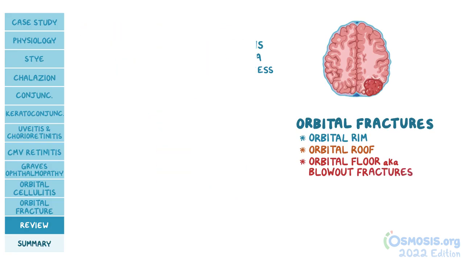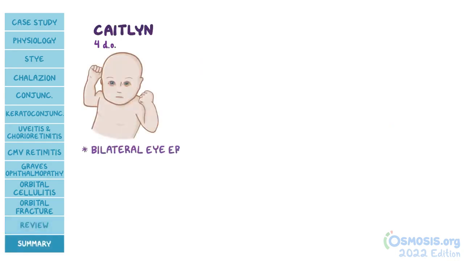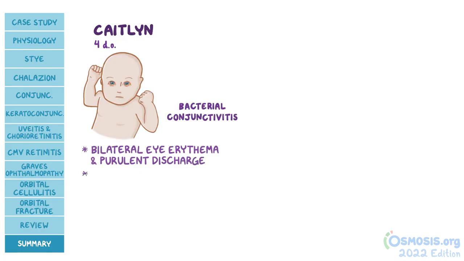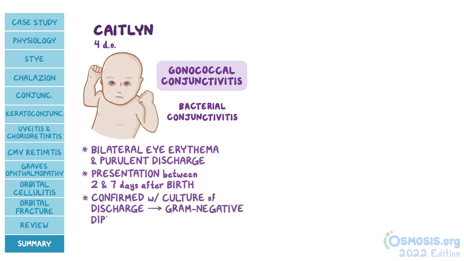Okay, back to our cases. 4-day-old Caitlin presented with bilateral eye erythema and purulent discharge, which suggest bacterial conjunctivitis. And since the presentation was between days 2 and 7 after birth, diagnosis of gonococcal conjunctivitis is highly likely. This was confirmed with a culture of the discharge, which showed gram-negative diplococci and was followed by the administration of ceftriaxone.